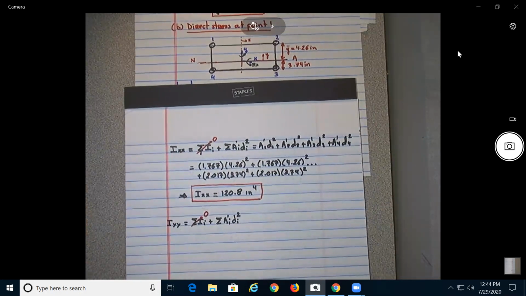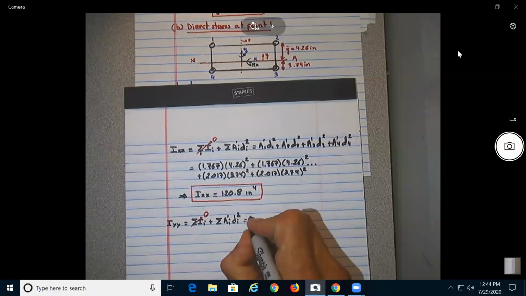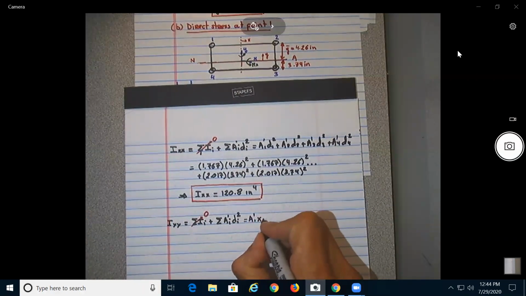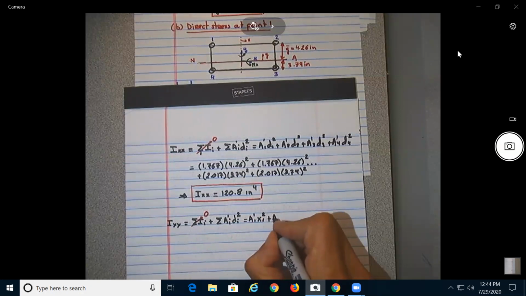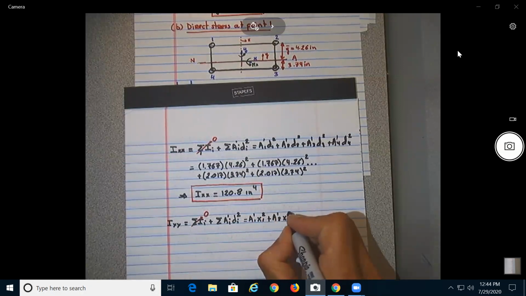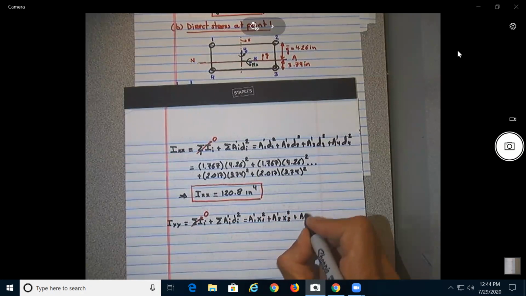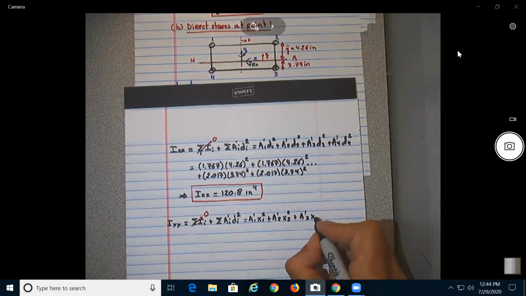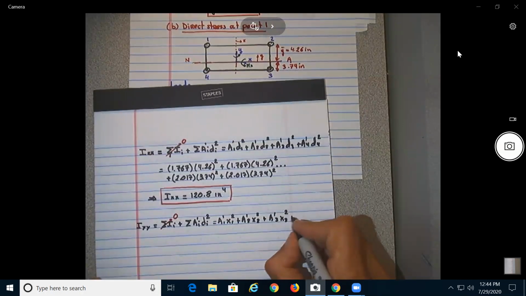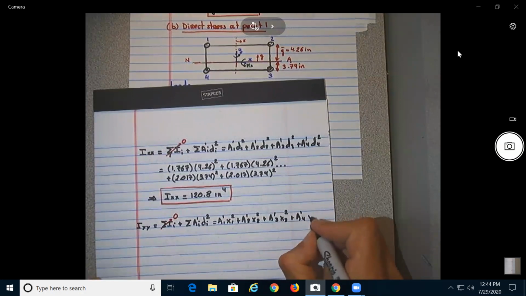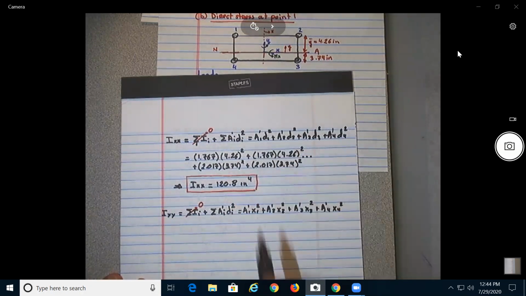I don't want to change too much. So this will be equal to A prime 1 x1 squared plus A prime 2 x2 squared plus A prime 3 x3 squared plus A prime 4 x4 squared. Here maybe I should have replaced the d by y's, but too late.